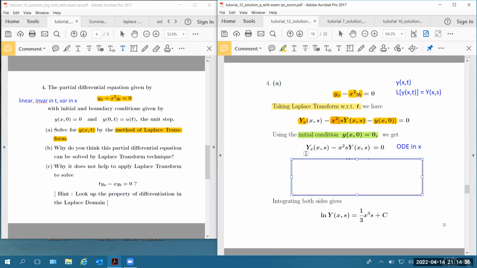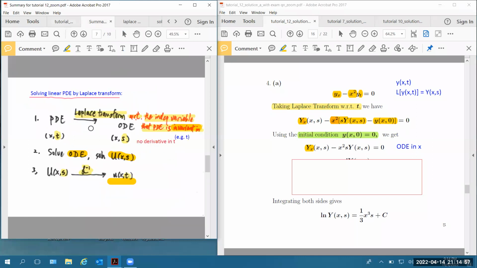Now you only have the derivative in x, from y_x, which means del y del x. So you can consider this as an ODE in x. We already got the PDE transformed to an ODE. So this is our ODE.